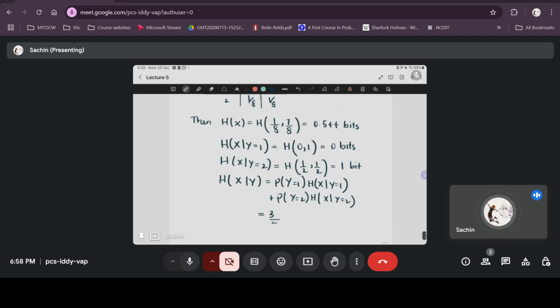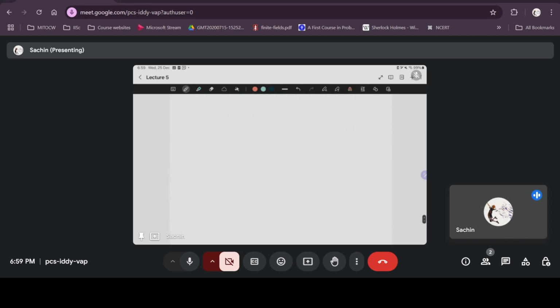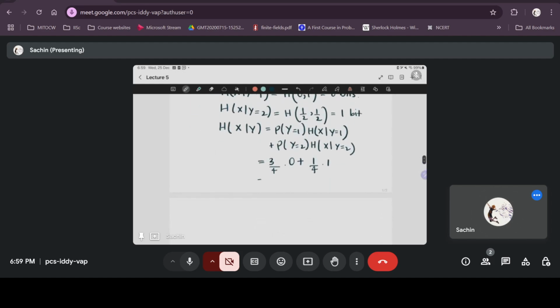This becomes 3 over 4 times h of x given y equals 1, which is 0 bits, plus probability that y is equal to 2, which is 1 minus 3 over 4, which is 1 over 4, times h of x given y equals 2, which is 1 bit. So uncertainty in x given y is 1 bit.